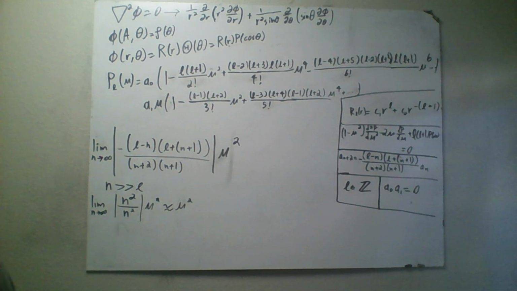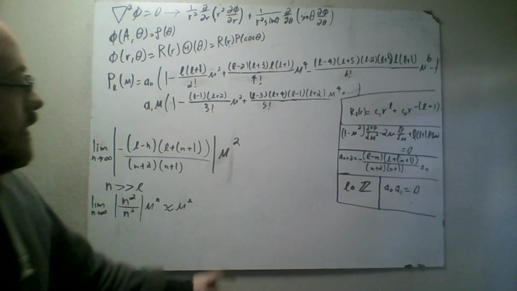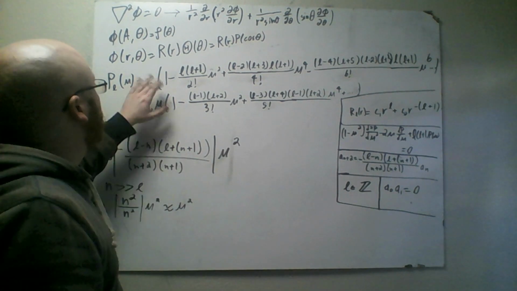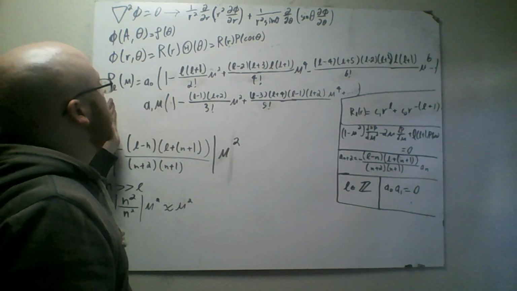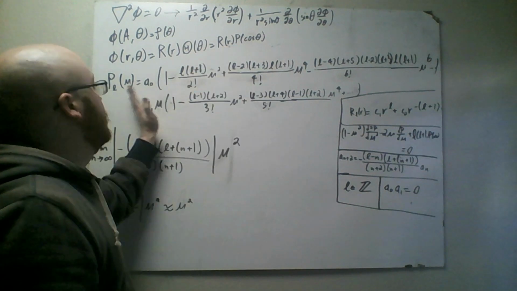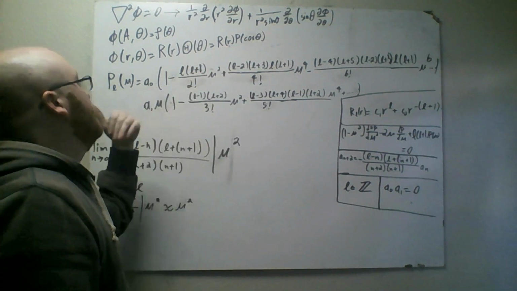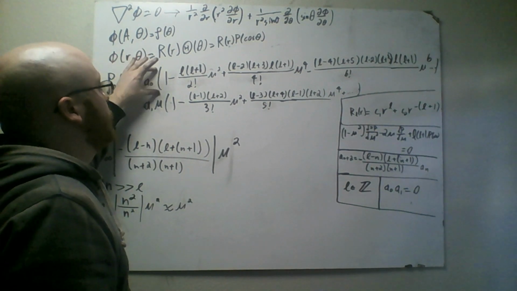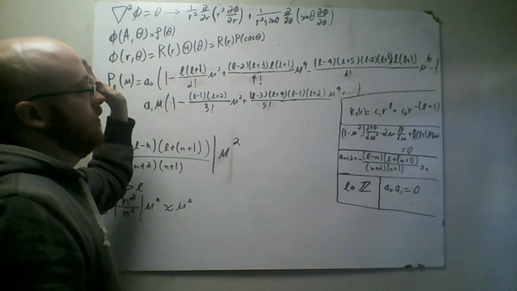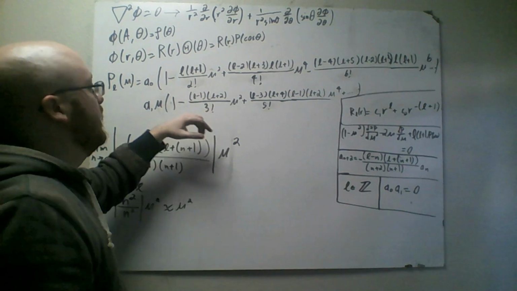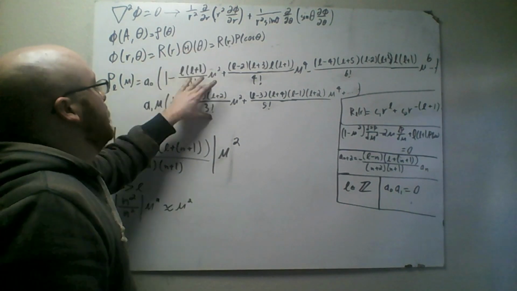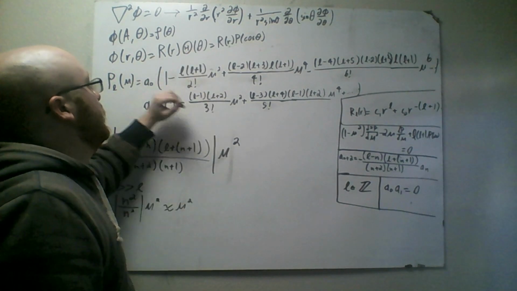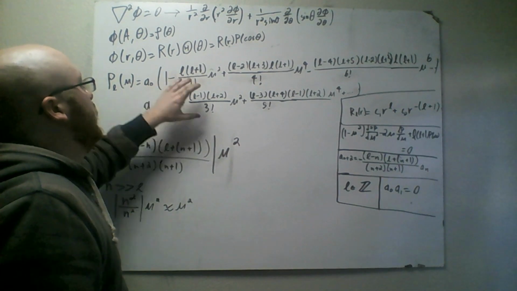So if we choose an even integer, this will converge. This won't. So this A1 has to be 0. If we choose an even non-negative integer, so 0, 2, 4, 6, 8, we want to drop this. If we choose a negative odd integer, we also want to drop this.